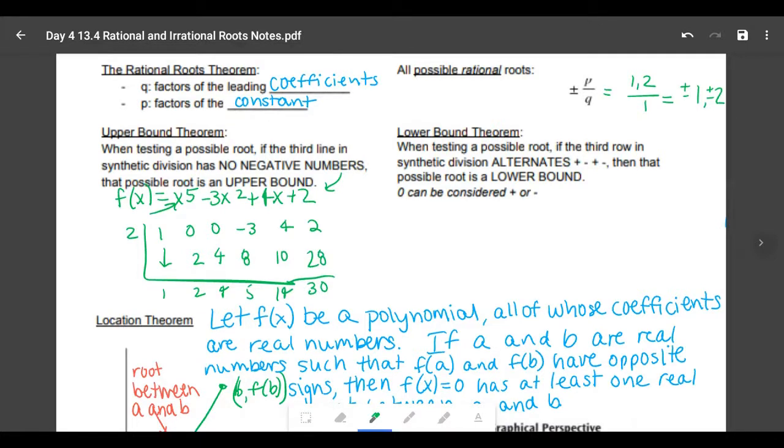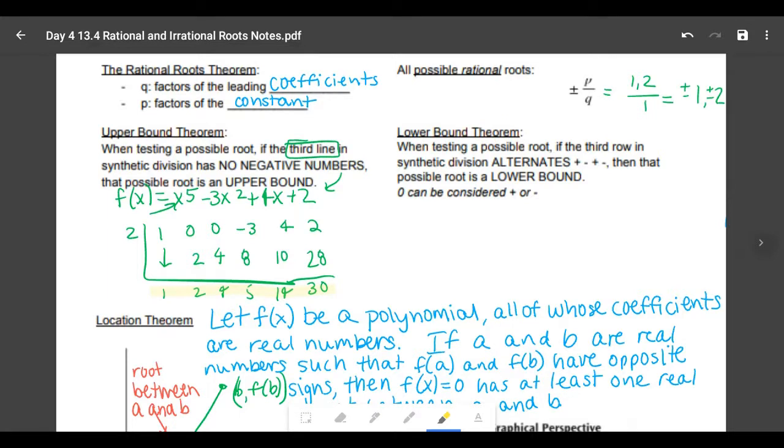If the third line in this synthetic division has no negative numbers, I have all positive values, then I can see that the highest possible upper boundary would be 2. So I know I want to look for numbers that are below 2.